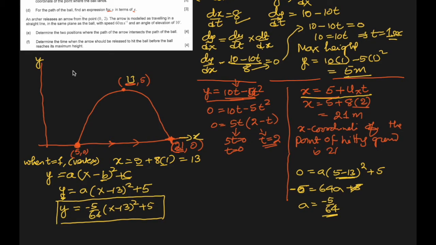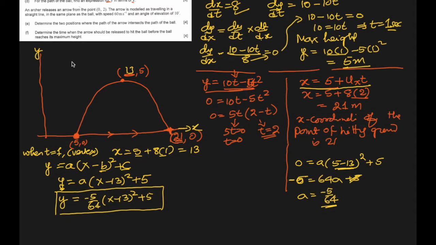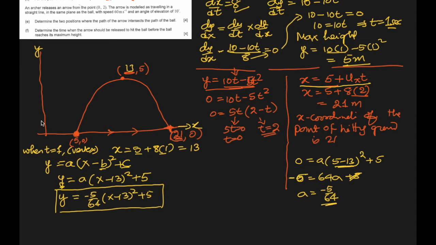So an archer releases the arrow from 0, 2, okay, let's say this is 5, so 0, 2 will be somewhere here. This is 0, 2. The arrow is modeled as traveling in a straight line, in the same plane as the ball, with 60 meters per second and angle 10 degrees.